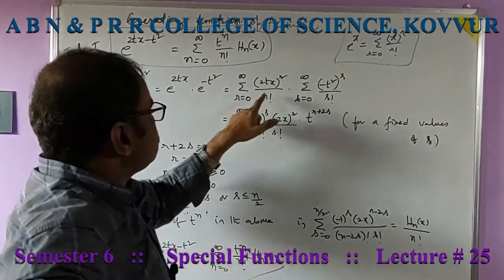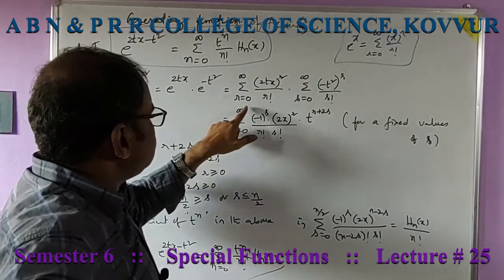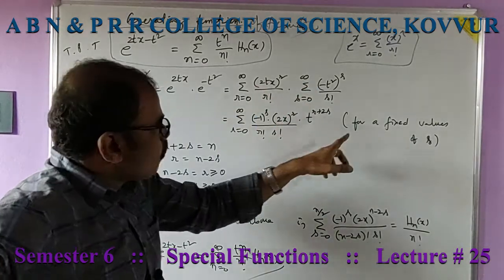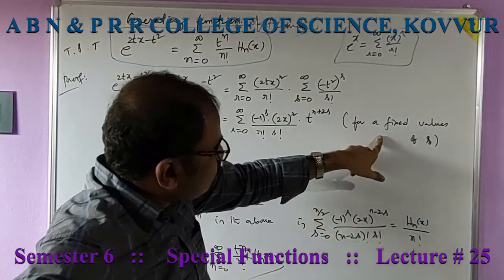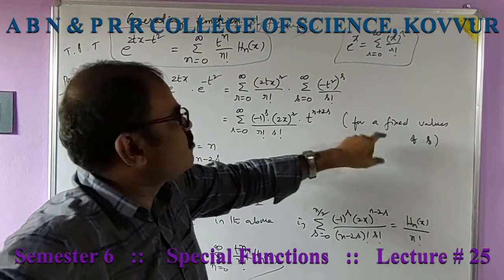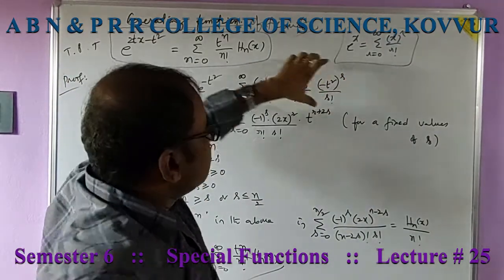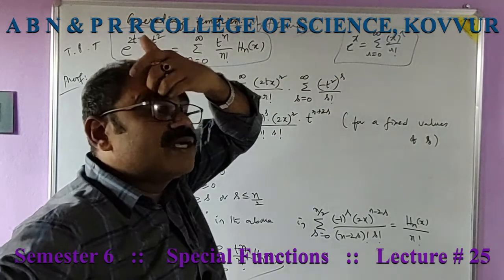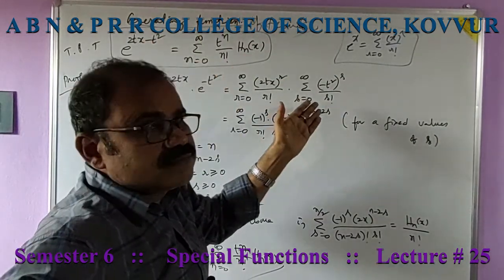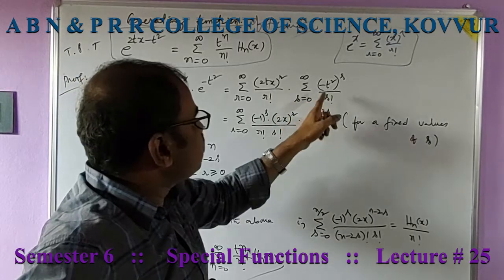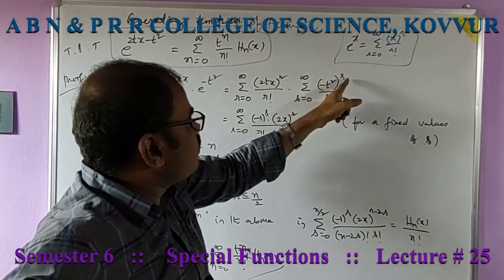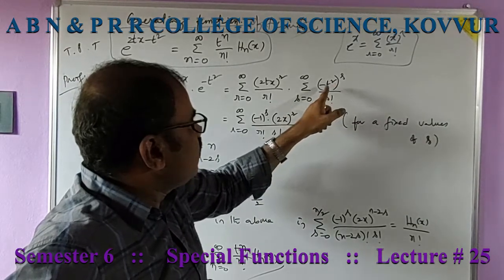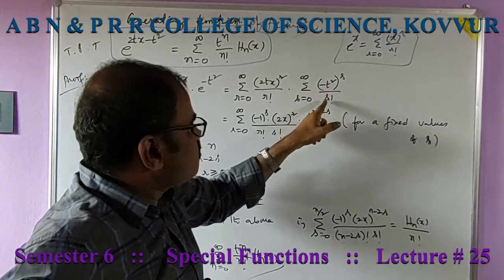Okay, so this is sigma r equals 0 to infinity, multiplying two summations for a fixed value of s. That means we are not elaborating this sigma, just consider one general term, that is (−t²) power s by s factorial, that is (−1) power s t to the power of 2s by s factorial.